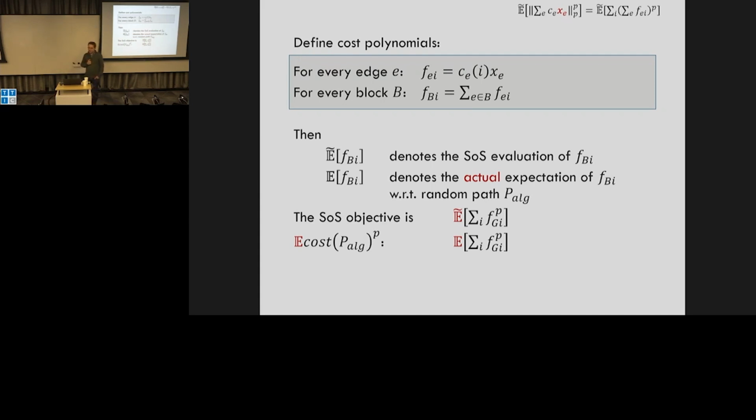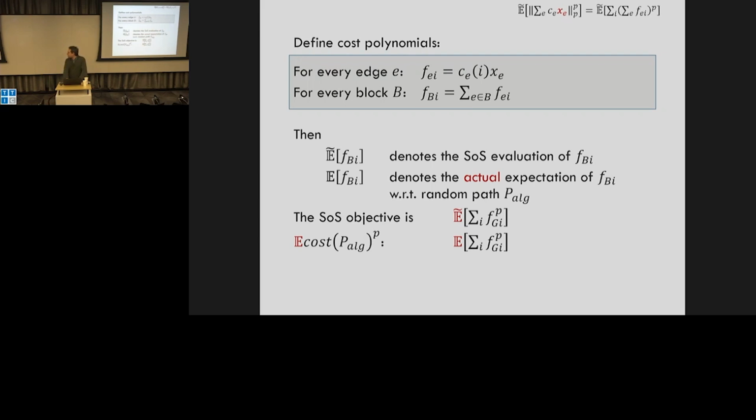So intuitively, f_B^i is the SOS cost of block B, and we can also look at the actual expectation of f_B^i with respect to the distribution of paths that our algorithm produces.